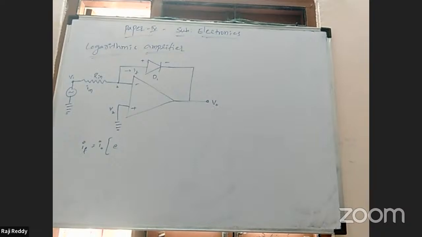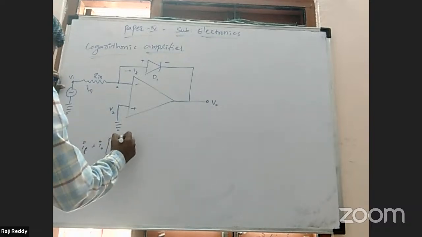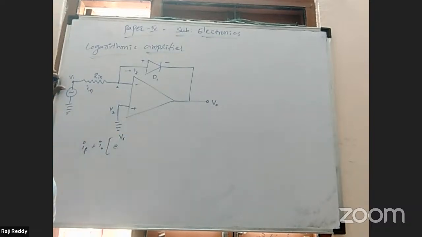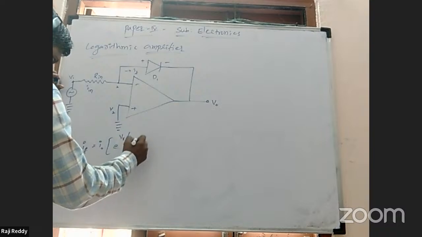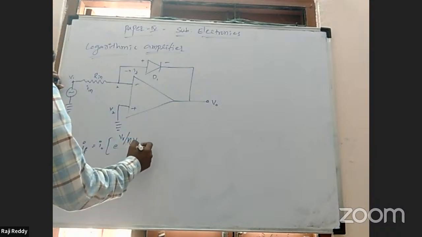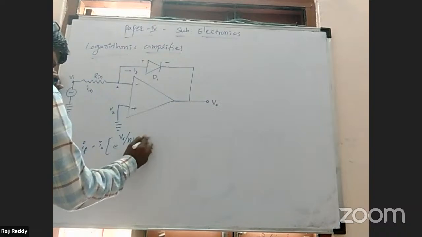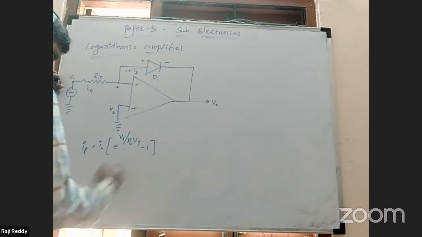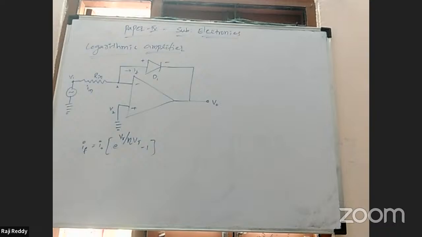The current is I is equal to I naught into e power VR by eta into VT, minus 1, where VR is the feedback voltage, the resistor voltage, and VT is the thermal voltage. This is the current across the feedback diode.